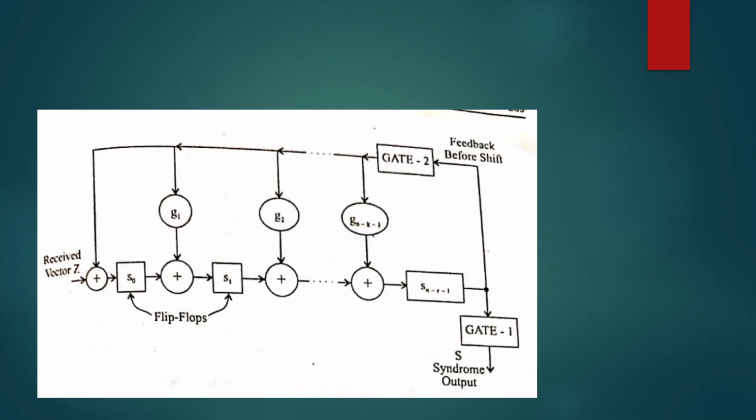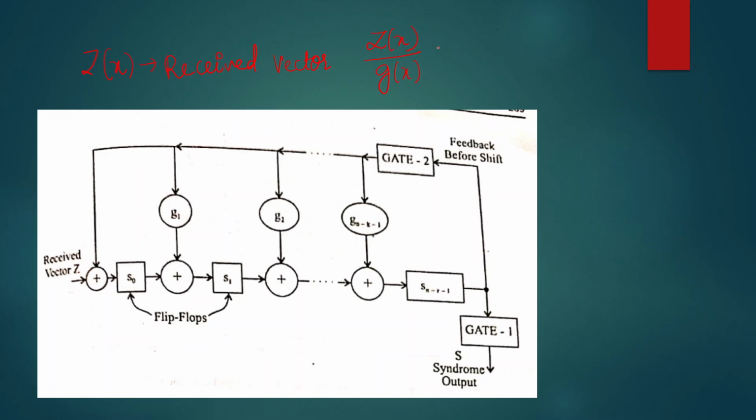So what we do, let me consider that z of x is the received vector. If z of x is the received vector, we are going to find out the remainder obtained when this received vector z of x is divided by the generator polynomial g of x.